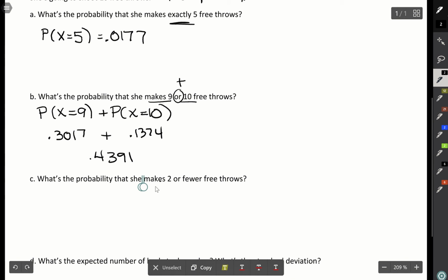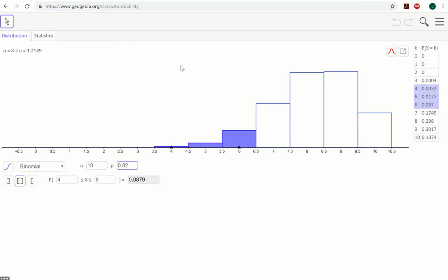Then what's the probability she makes 2 or fewer free throws? Now with this, there's a function within our distribution down here. There are these 3 choices. The left-hand one is the left-sided, then this is an interval between 2 values, and then you have a right-sided. If we choose left-sided, it creates this tail to the left-hand side.